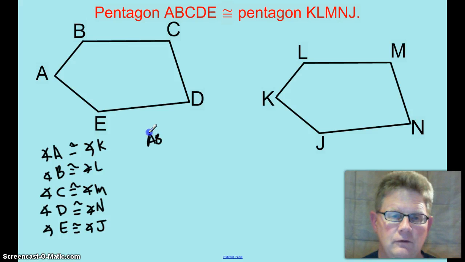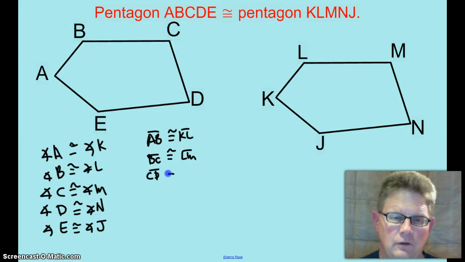Segment AB is congruent to segment, first two letters on the other one, segment KL. And then just go around the pentagon. Segment BC is congruent to segment LM.